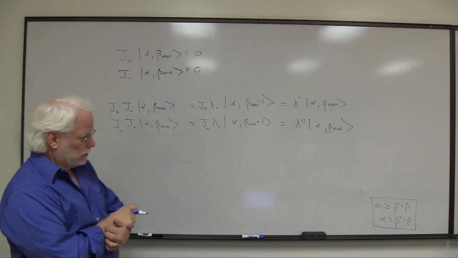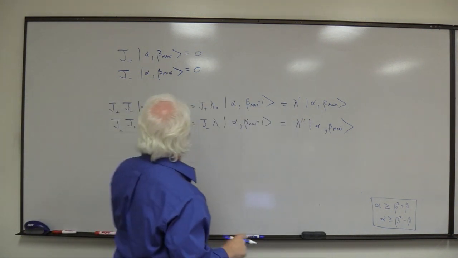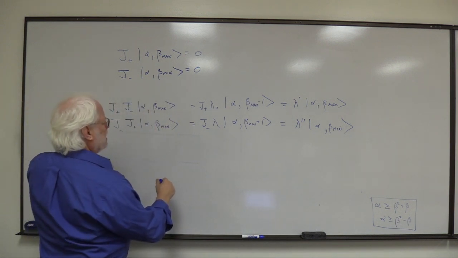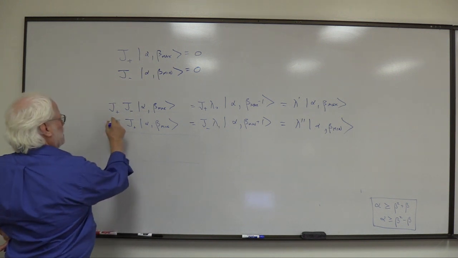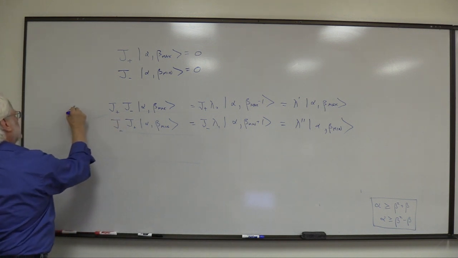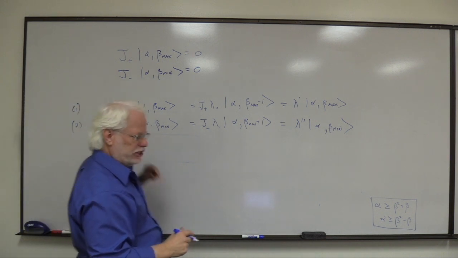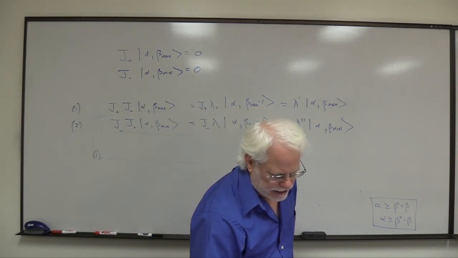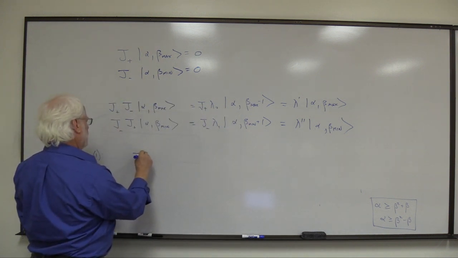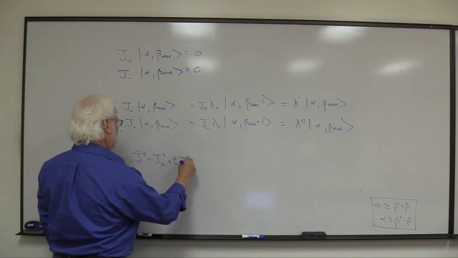Okay, so now I think we can find those constants. Let's number these and just look at them. Number 1, we can rewrite J plus J minus as J squared minus J3 squared plus H bar J3.